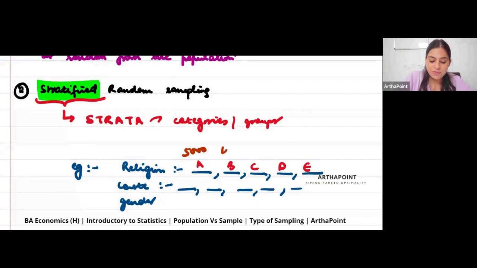B had 4,000. C had only 200. E only 50. And D had 1,000. Now, if from the entire population I pick randomly, then the chances that one person from C or E will be selected will be very low.